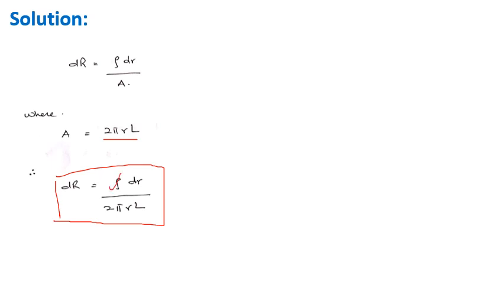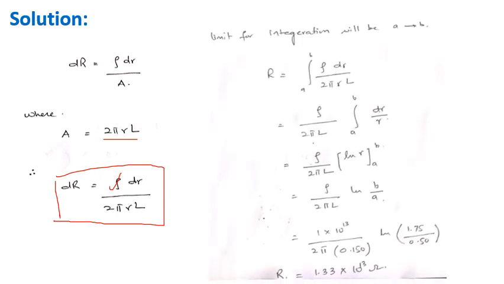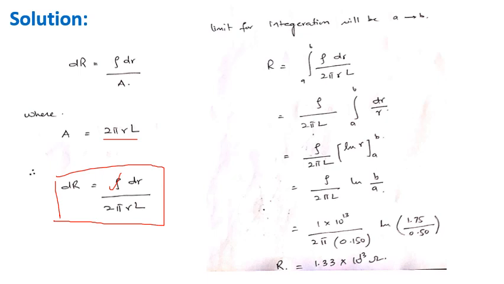So all of these I can take out of the integral, that is rho, 2 pi and L. So now integrating, putting the limits a to b, I will proceed as rho over 2 pi L, integral a to b dr over r. I know that integral dr over r is ln of r, and putting the limits, I can simply write rho over 2 pi L ln b over a.